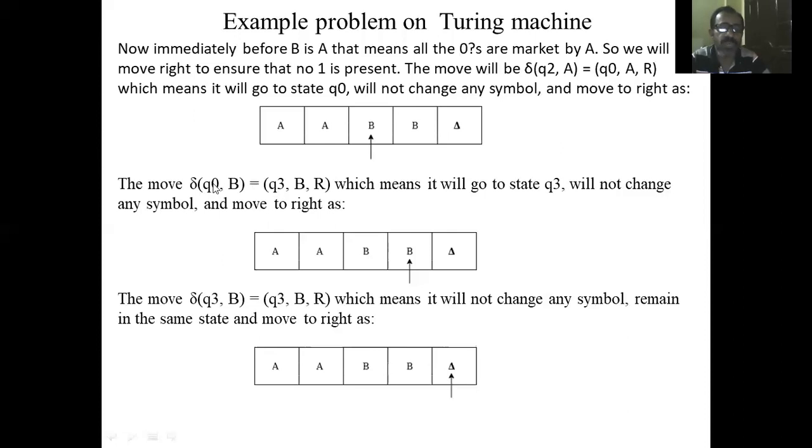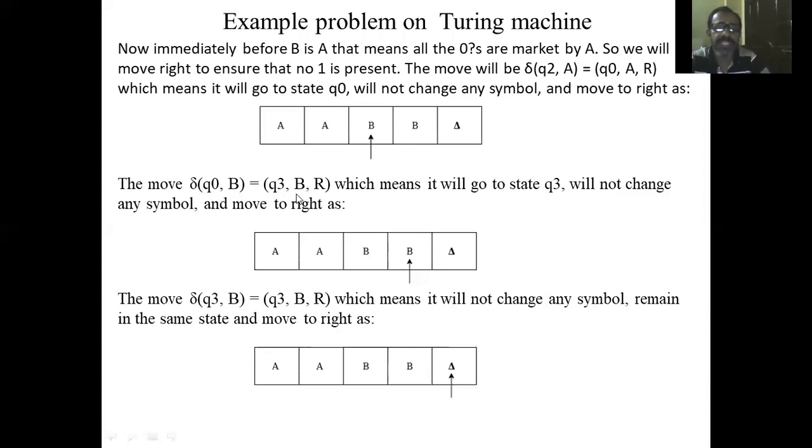So that's why for Q0 and B we cannot change it to Q1, because Q1 has its own purpose, Q0 has its own purpose, Q2 has its own purpose. So the purposes of Q0, Q1, Q2 are designed now. Now immediately change the state from Q0 to Q3, because Q0 is experiencing a new symbol now. So Q0 and B changes the state from Q0 to Q3, another state.